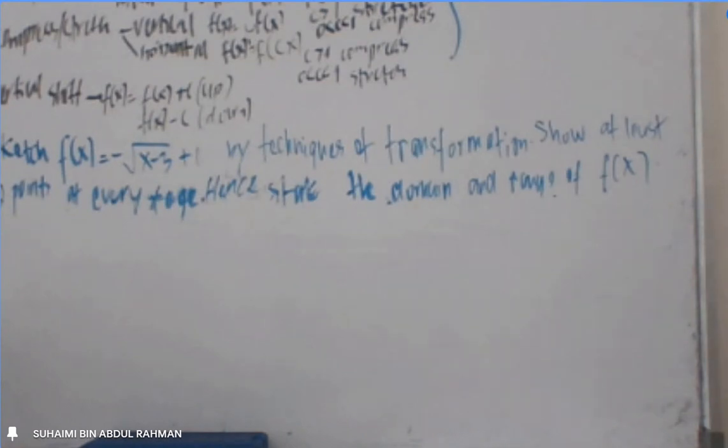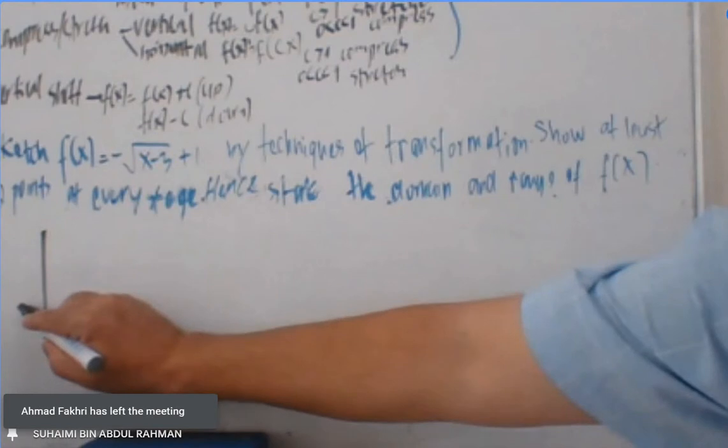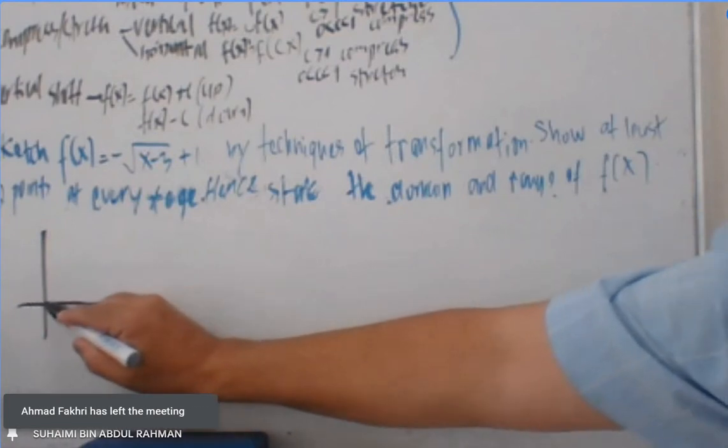Okay, so when we see the function, which function do we need to start with? Square root of x, the square root function. So this is our basic function, the square root function, and the shape of the square root function.